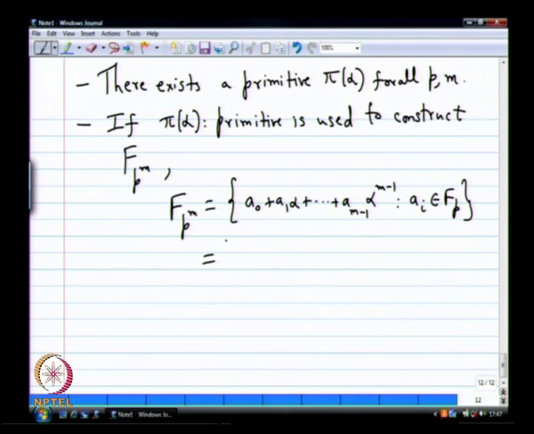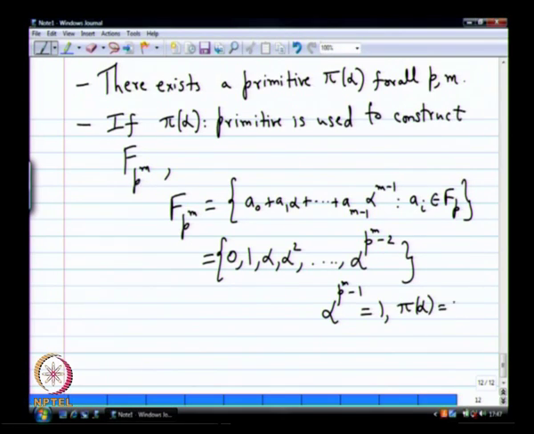And it will also be equal to the set 0, 1, alpha, alpha squared, so on till alpha power p to the power m minus 2. Alpha power p to the power m minus 1 will be equal to 1, and pi of alpha will be equal to 0.